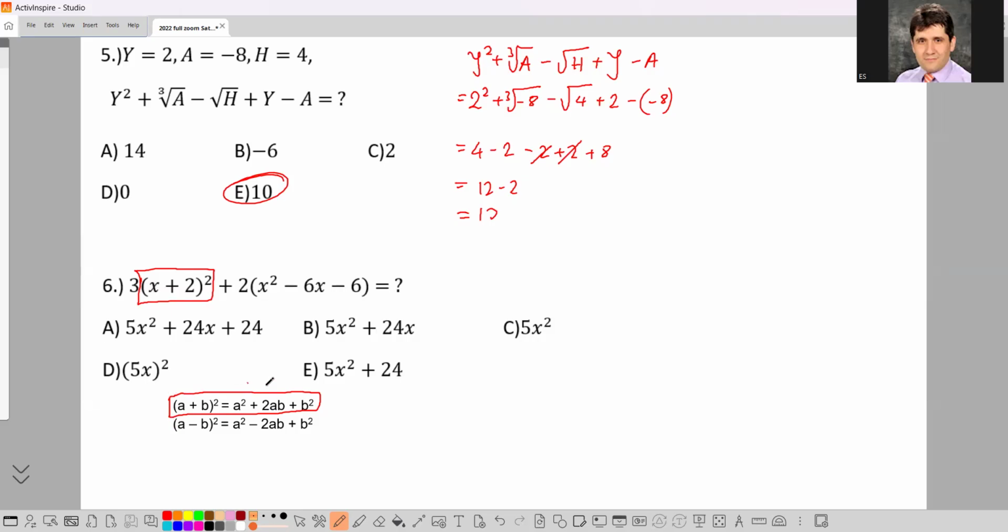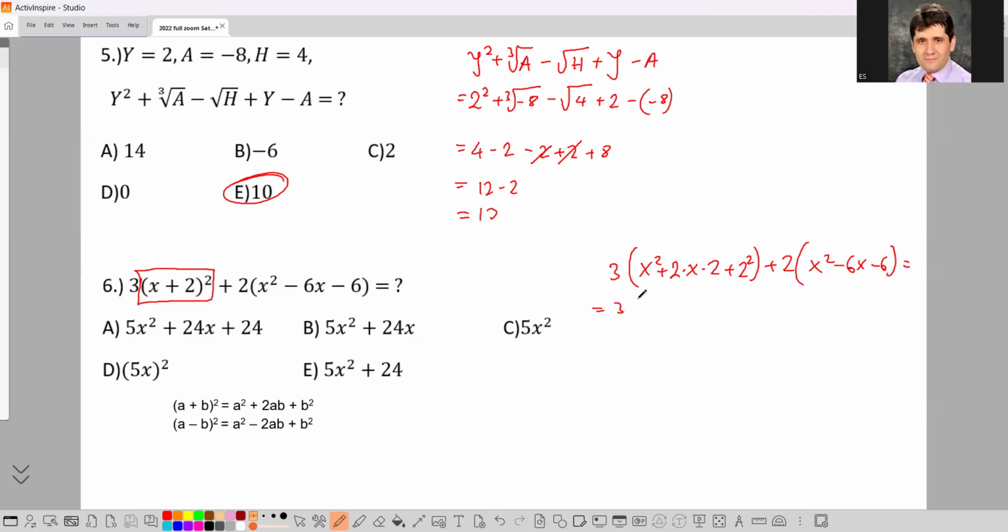Now, a common mistake here would be students will just write x squared plus 2 squared. That is wrong, because using this formula, and also if you want, you can multiply the brackets one by one, we get the first term squared plus 2 times the first term times the second term plus the second term squared, plus 2, and in brackets x squared minus 6x minus 6.